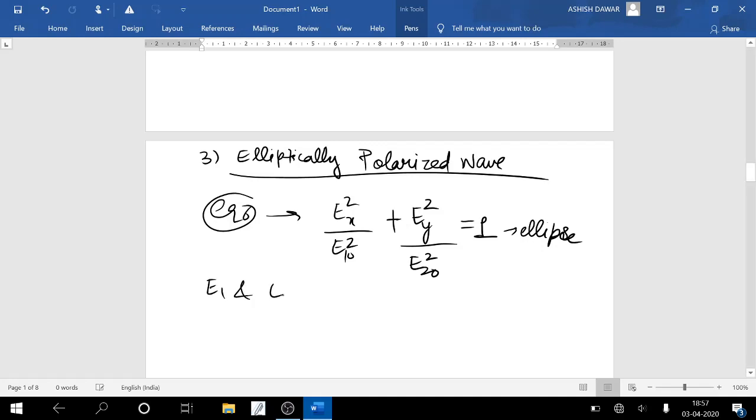Okay, and in the case of an elliptically polarized wave, E1 and E2 have different phases, and the magnitudes are also different.